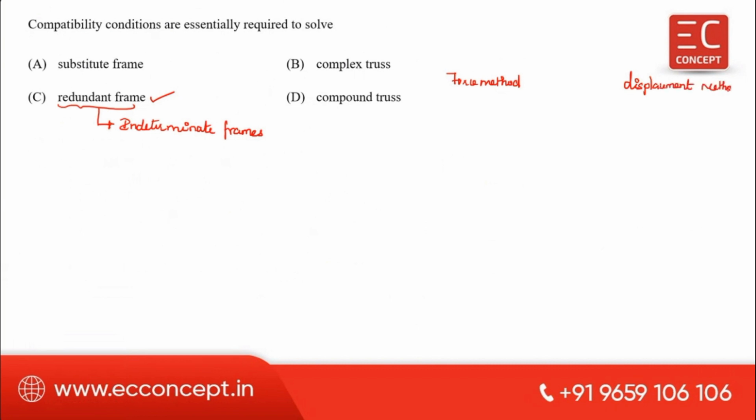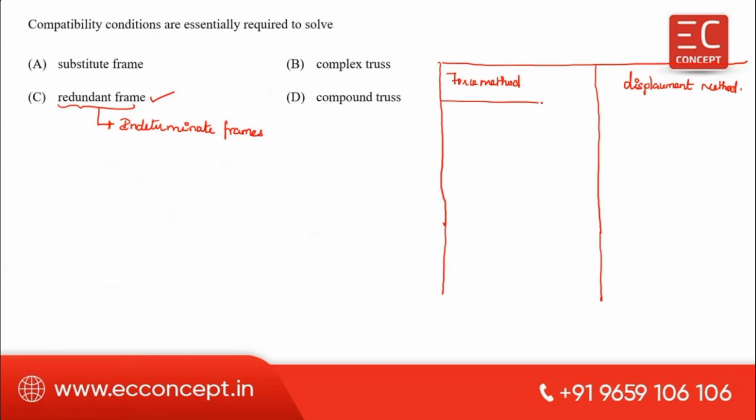The analysis is broadly classified into these two. Both can be used for indeterminate frames or determinate frames also, but here the best case is the indeterminate frame, that is, a redundant frame. Another name for redundant is indeterminate.